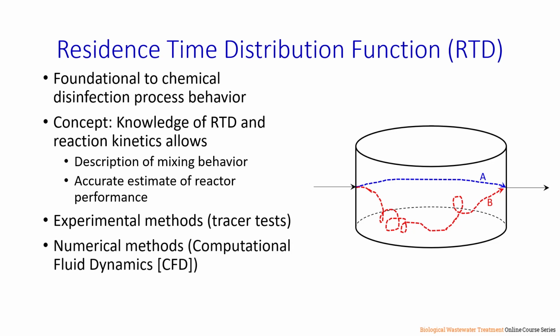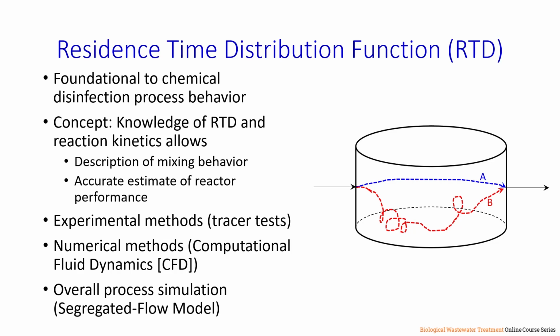The numerical methods that are used to calculate residence time distribution functions often are based on computational fluid dynamics, or CFD. Generally, when we use these methods, it's possible to develop overall process simulations, and often these simulations are based on the so-called segregated flow model.